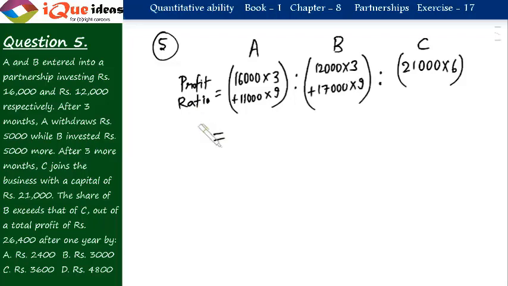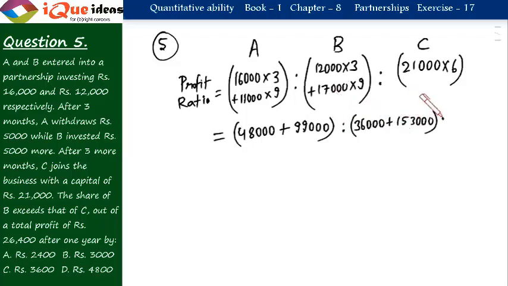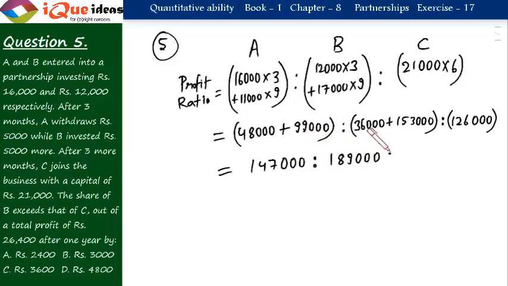If you multiply and add, it is 48,000 plus 99,000 for A. Similarly, for B it will be 36,000 plus 1,53,000, and for C it will be 1,26,000, because 21 into 6 is 126, so 1,26,000. Now 48 plus 99 is 1,47,000, is to 36 plus 153, which is 1,89,000, is to 1,26,000.